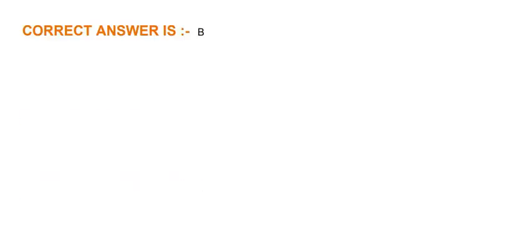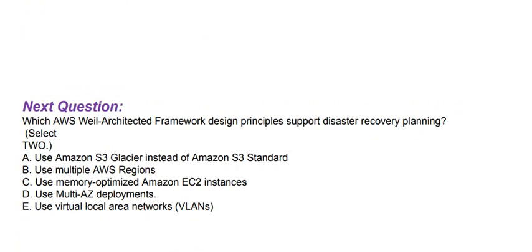Next question is, which AWS Well-Architected Framework design principles support disaster recovery planning? Select two options. Option A, use Amazon S3 Glacier instead of Amazon S3 Standard. Option B, use multiple AWS regions.